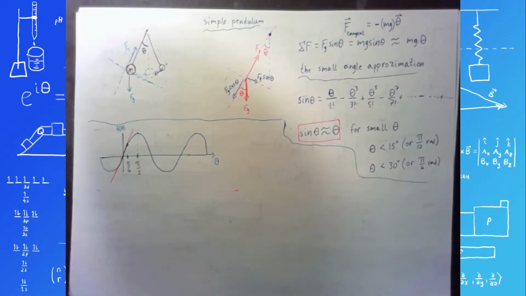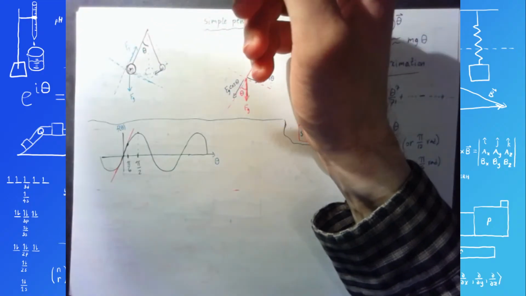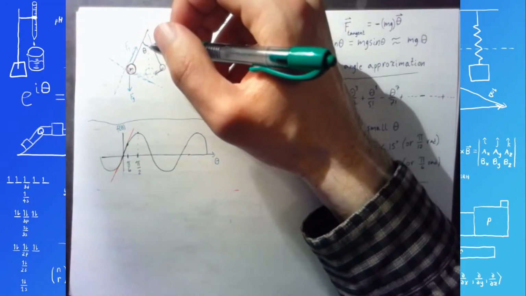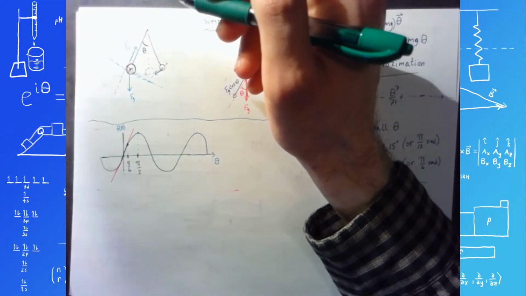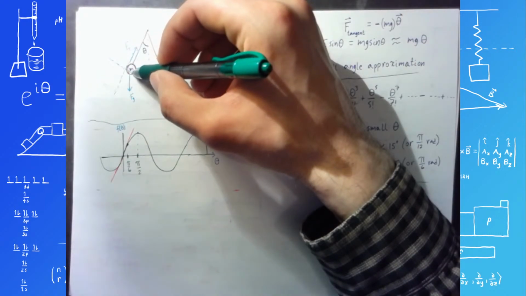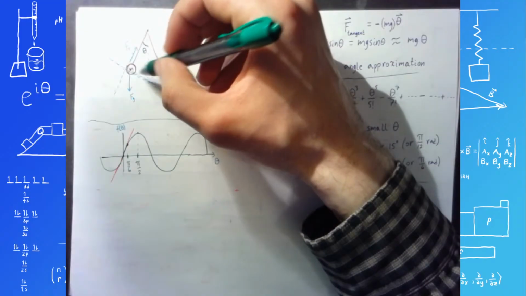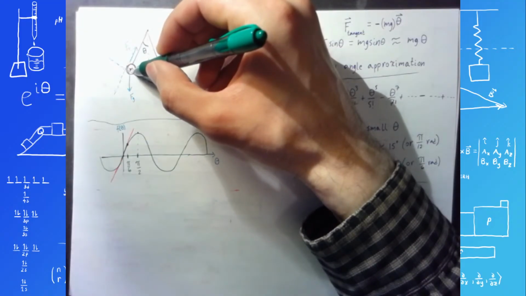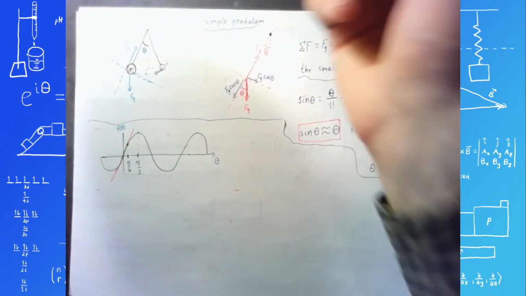The third condition is conservation of energy. And is energy conserved here? Absolutely it is, because the force of gravity is a conservative force, so no non-conservative work there. The tension is not conservative, but the tension doesn't do any work. The force of tension is always perpendicular to whichever way the pendulum swings. Whichever way the pendulum moves, its displacement is always perpendicular to the tension force.